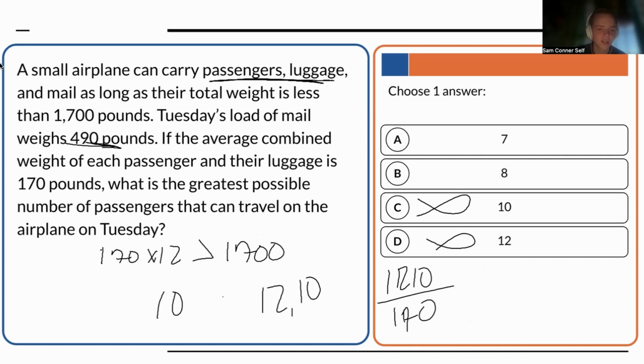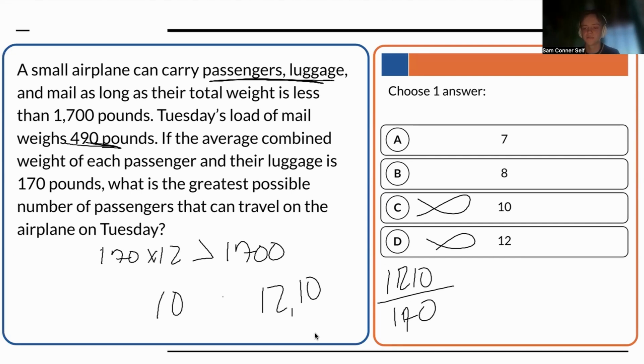So let's see what people are saying. Okay. Yes, A. So yes, that gives us A. Just doing the math really quickly to make sure.